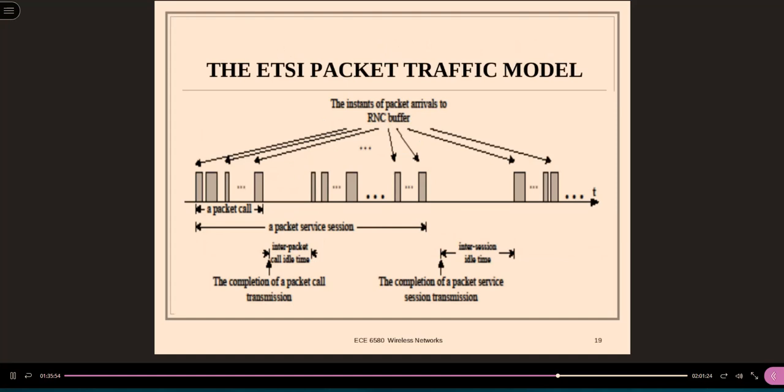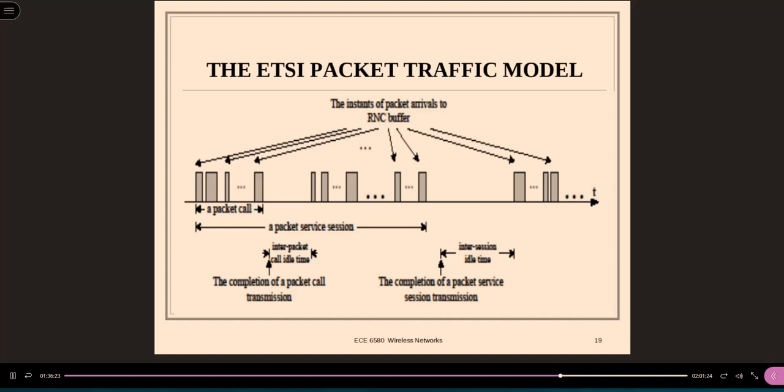Okay. So we talked about voice calls primarily here, although I mentioned the model is applicable to other kinds of traffic. But some time ago, when wireless networks were seriously deployed for the first time, the European Telecommunications Standards Institute developed a traffic model that fits packet communications.